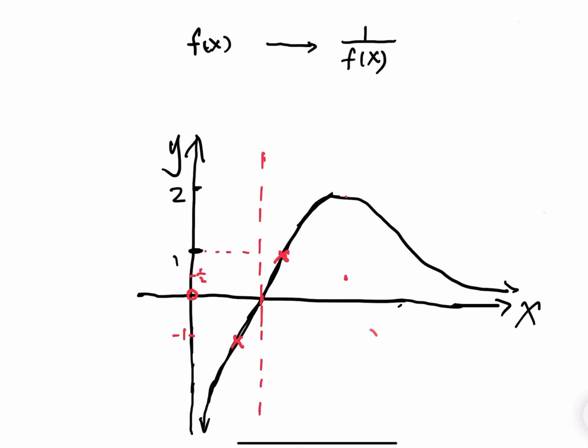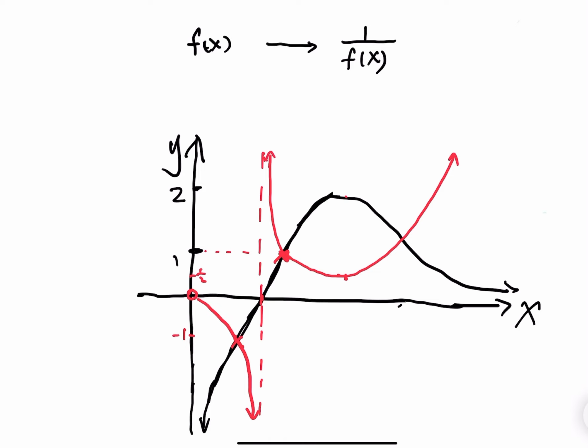This is increasing, so I'm going to do decreasing, but remaining below the x-axis. And the second one, above the x-axis, remains above, but increasing goes to decreasing. So decreasing, meet that point, and then meet that point, half. And after that, it's decreasing, so I'm going to do increasing.